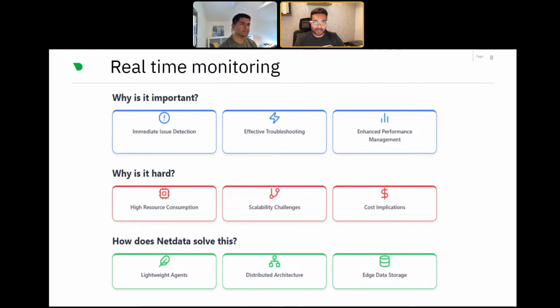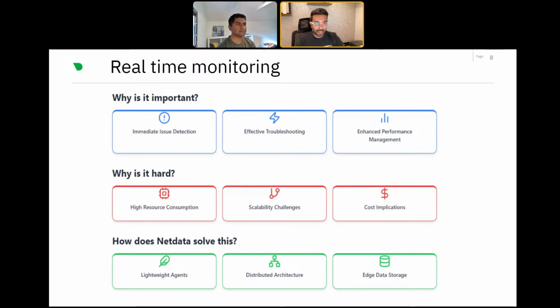So for immediate issue detection, it's absolutely imperative that we have real-time data in terms of metrics and logs. So we can then, in most cases, identify the root cause right away. Or even if not, if it's happened in a millisecond timeline, it makes it much easier for us to make a more informed guess if you have data that's sufficiently accurate.